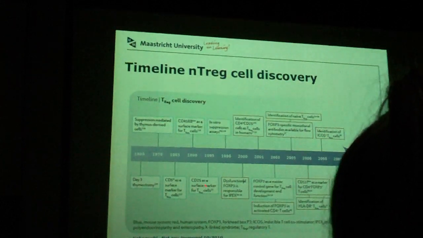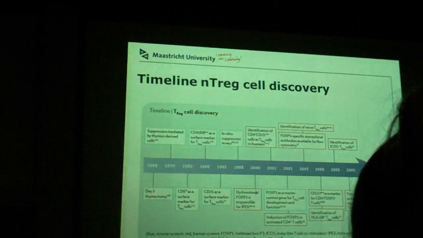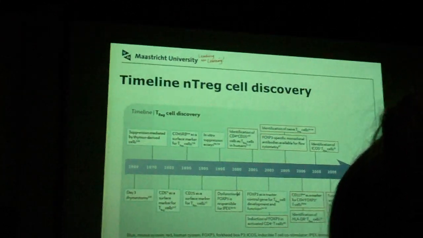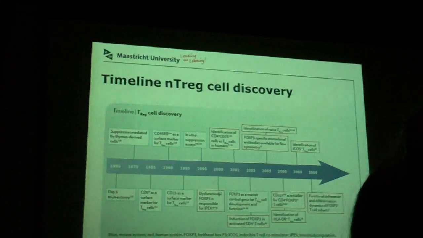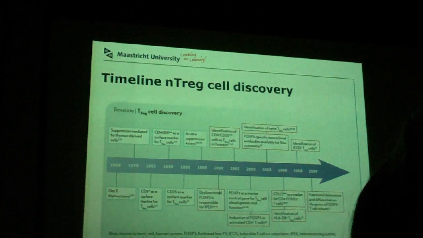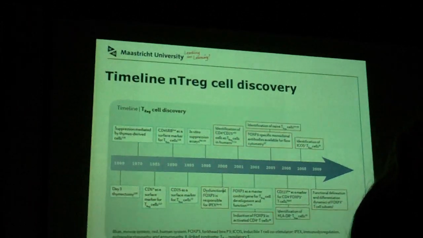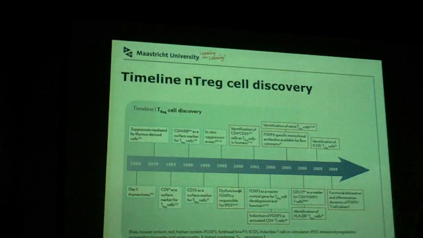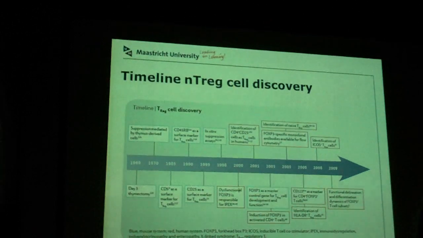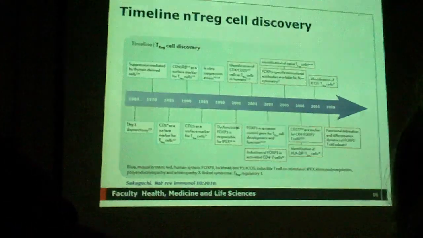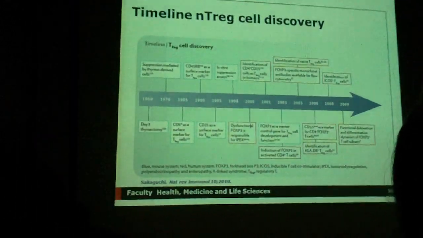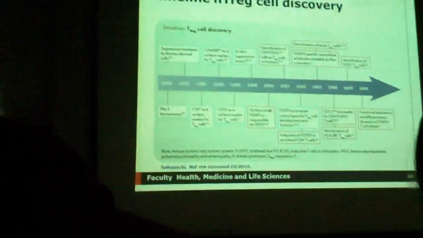First of all, it was found that FOXP3 is really a critical marker for a regulatory T cell. Later on, people identified CD25 as a very important molecule which could be used to recognize the regulatory T cell. But in human beings, that is very complicated because also activated T cells will express CD25. So it was not a really nice marker to see your regulatory T cell.